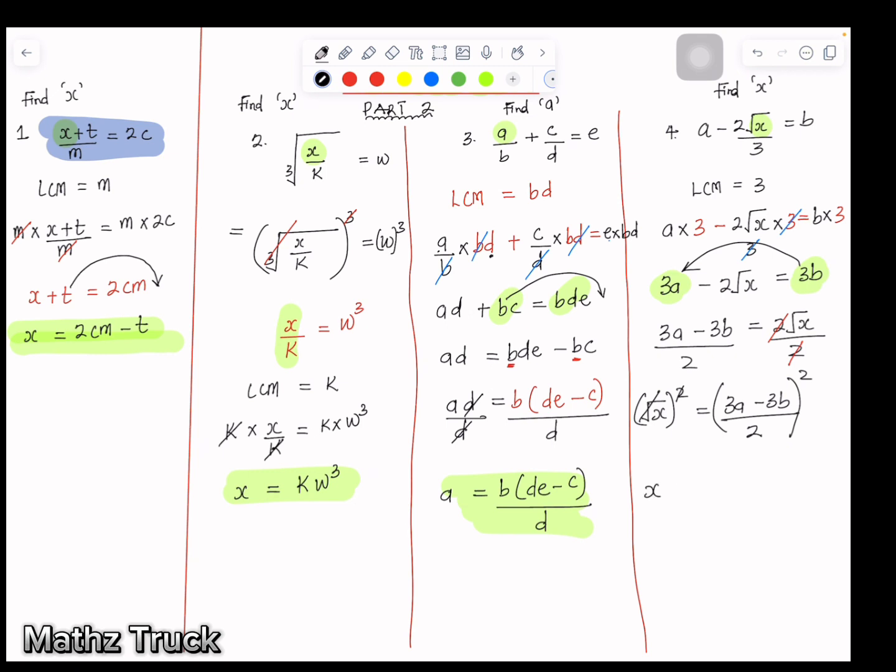Now you have the expression x equals 3A minus 3B all over 2, squared. You can further expand this into a simplified form if you choose. If you choose to solve it like that, you will have a similar answer to what we have here. You can further simplify this expression as you want it to be.